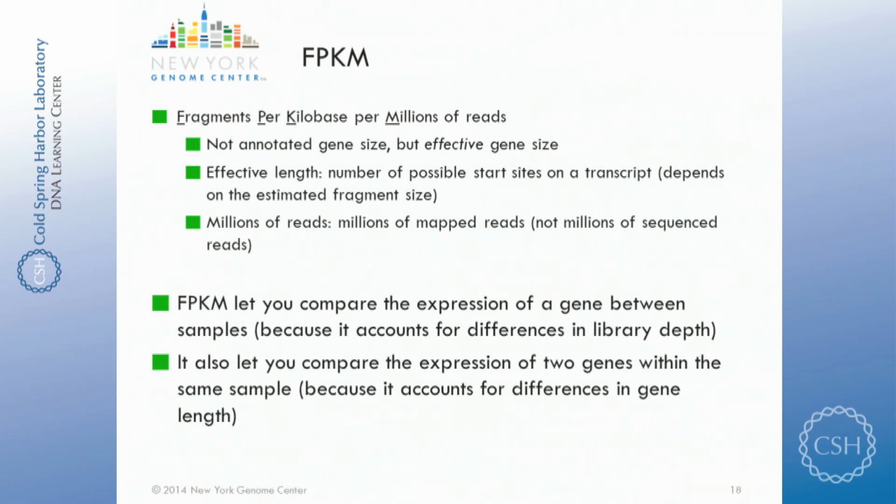So FPKM, so what it actually really means, it says kilobase here, but what they mean is not the annotated gene size, gene length, but what they call the effective gene length. And by effective, they mean the number of possible start sites in a transcript, which depends on the fragment size, okay? So if you want to, I can describe that.